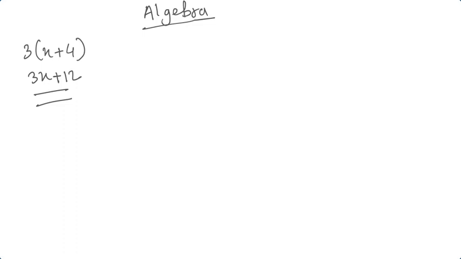So let's take the other one, like 5x bracket open 2y plus 3. Here 5 times 2 is 10, and x and y is just xy, and in front of 5 we have a plus sign, and in front of 3 we have plus.